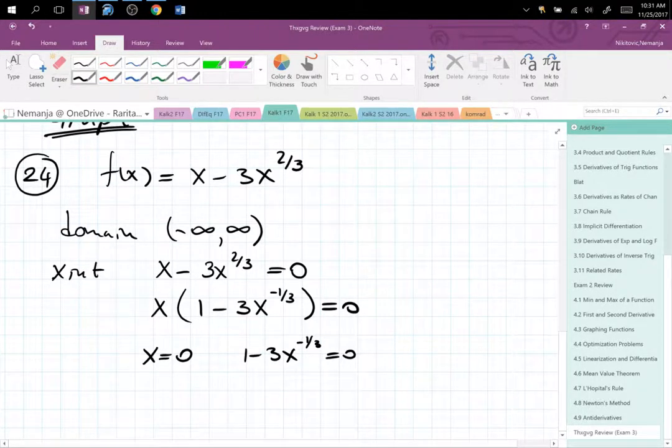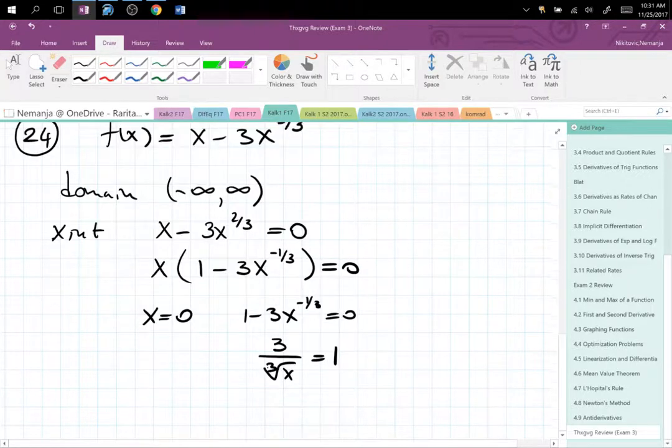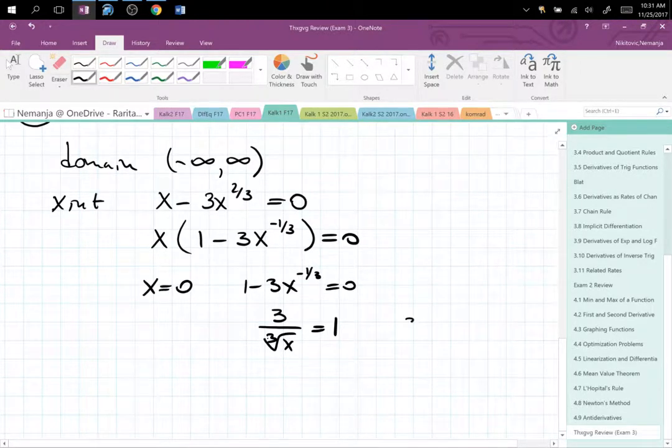So this becomes 3 divided by cube root of x equals 1. And when you cross multiply, cube root of x is equal to 3, from where x is equal to 3 cubed, which is 27.